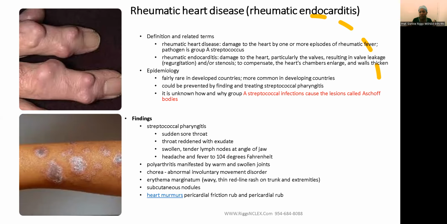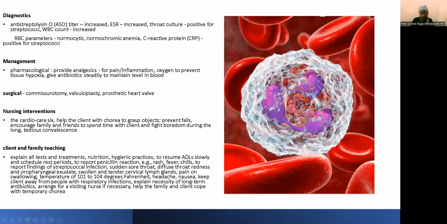They have involuntary movements they can't control, in severe cases. They get a rash on their extremities and the trunk, subcutaneous nodules, and murmurs. So that's another nasty condition, as you can see.